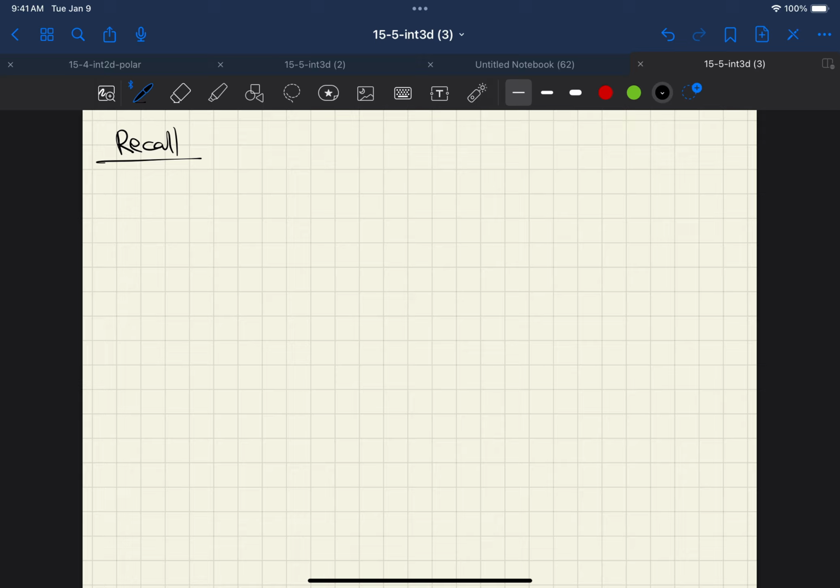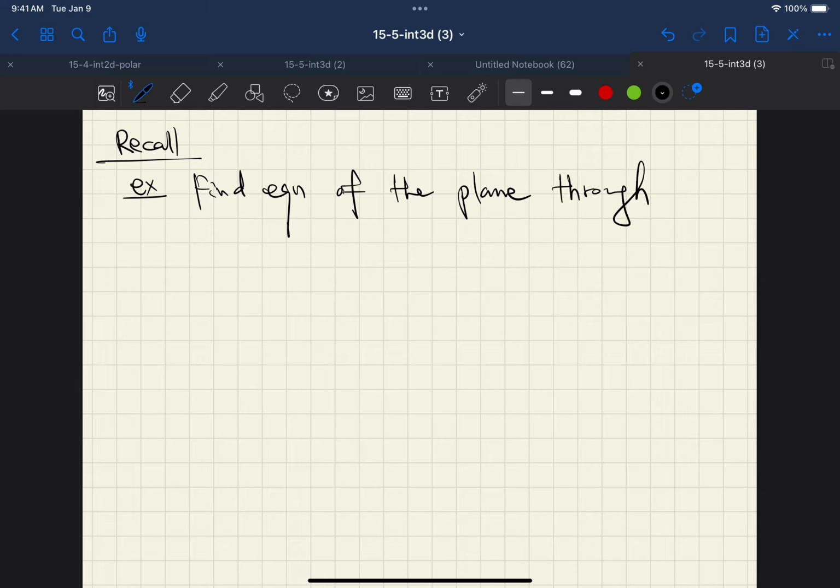So find the equation of the plane going through 0, 0, 0 and 0, 1, 1 and 1, 1, 0.